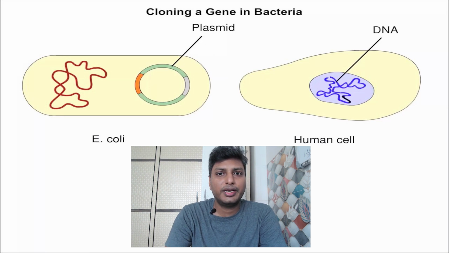So dear students, who invented this particular method? Back in the year 1972, there were two scientists. One was Herbert Boyer and the other was Stanley Cohen. So what did they do? They were the first ones to make the first artificial cloning vector. That first artificial cloning vector was formed by using the plasmid of a bacteria called Salmonella typhimurium.